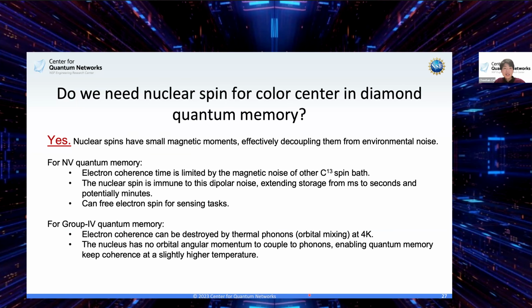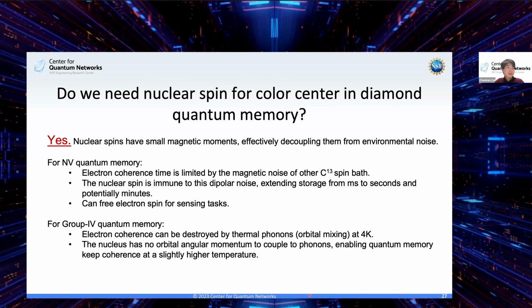On the other side, for the group 4 vacancy centers, the actual enemy of the coherence is thermal noise. At 4 Kelvin, the thermal photons will cause the electron orbit states to mix. That's why we cannot keep the quantum state when just in the electron states. We want it to be converted into the nuclear spin, because the nucleus has no orbital angular momentum and it physically cannot couple to the photons.